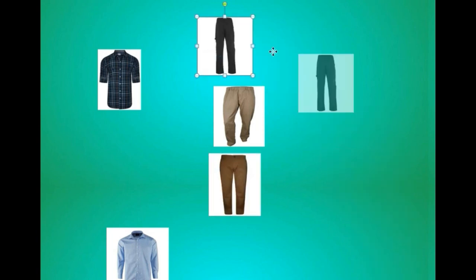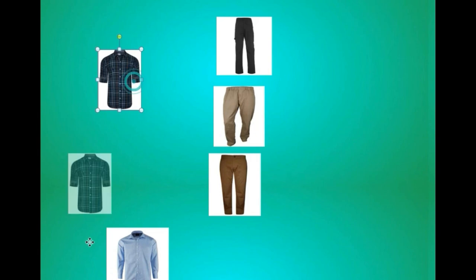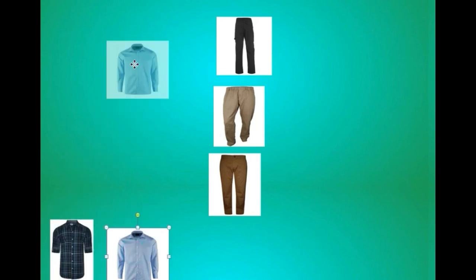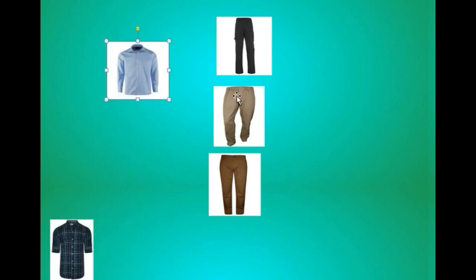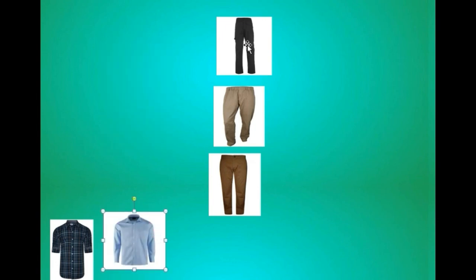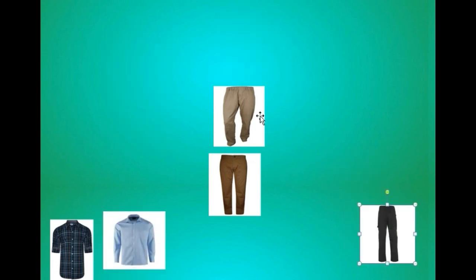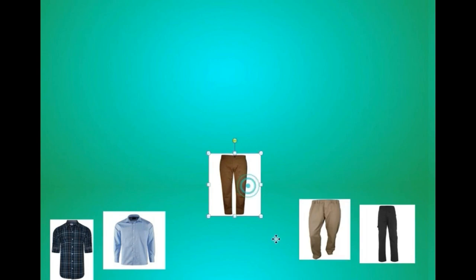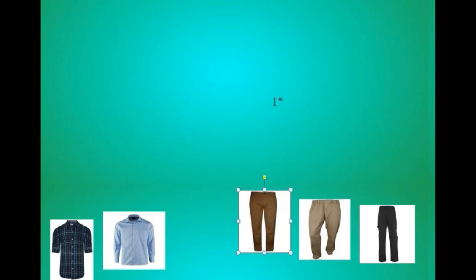Similarly for the second shirt also. If I now choose second shirt instead of first shirt, there are 3 choices for this also. So this means if I have to choose one shirt and one trouser, I have 3 plus 3, total 6 choices, or in a better way we can say 2 into 3. As I told you, this is M into N.